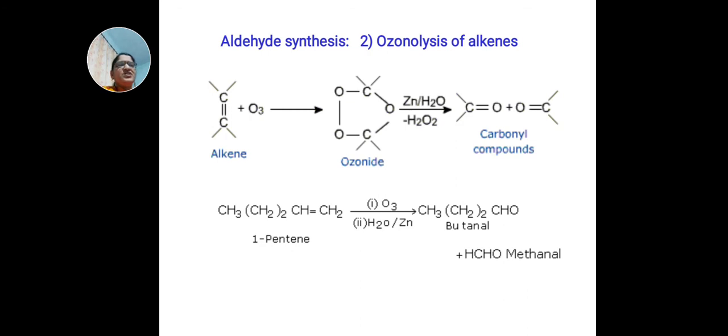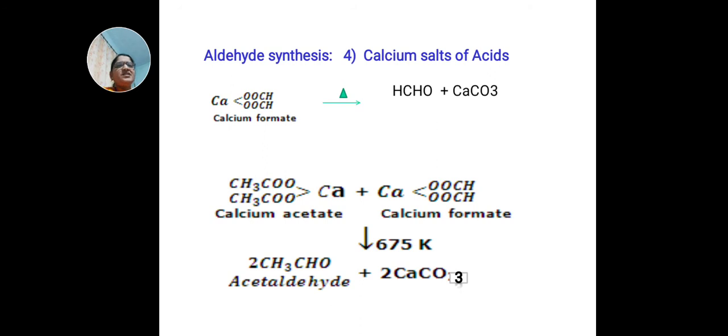Then by ozonolysis and hydrolysis in presence of zinc, it forms butanal, that means CH3CH2CH2CHO, plus methanal, that is HCHO. The next, fourth method, that is calcium salt of acids. That means calcium salt of acid, first example is calcium formate.